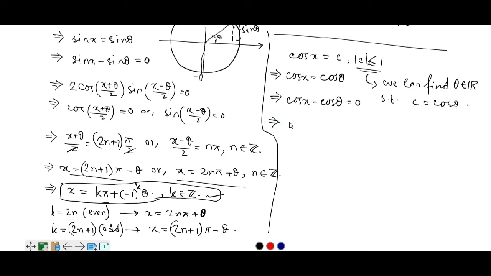And from that we can apply the formula like this: minus 2 sin of (C plus D) by 2 times sin of (C minus D) by 2 is equal to 0.